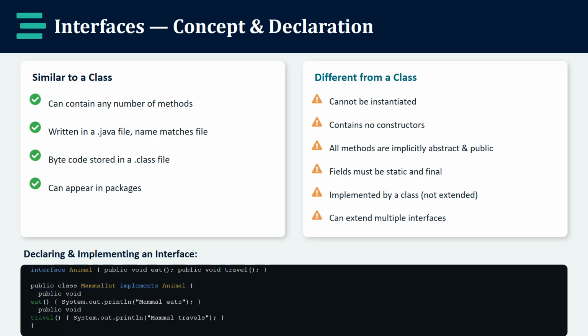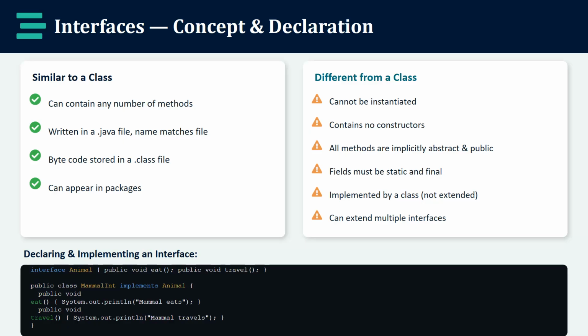So how do you declare and implement an interface? You can see down here that we have an interface called Animal, and we declare using public void eat and travel, that an animal can eat and it can travel, because those are the behaviors of an animal.